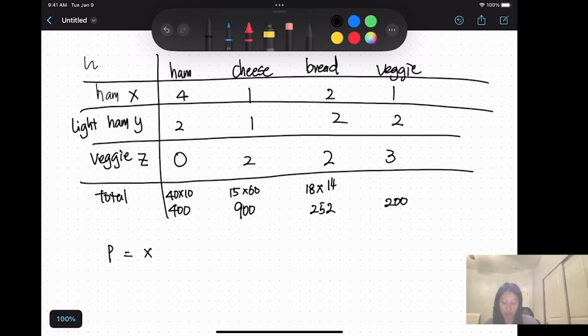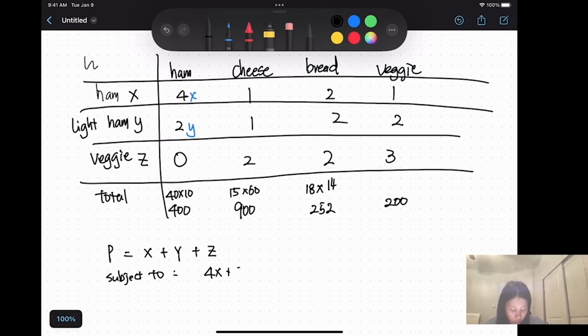It should be the number of ham plus the number of light ham plus veggie, right? And this is the maximize function, and they're subject to the number of ham, because you only have so many. Well, you use 4x amount for the ham sandwich and 2y amount for the light ham sandwich.